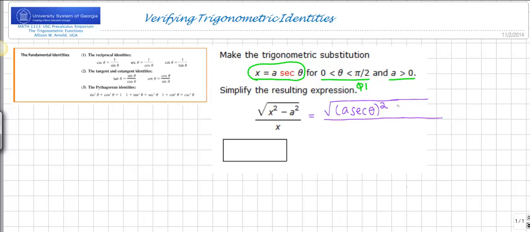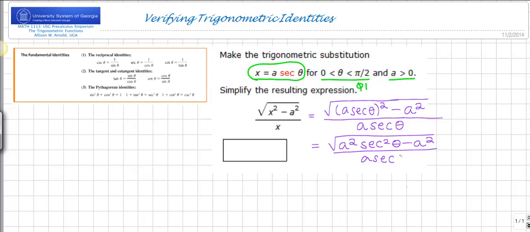Okay, so this would be the square root of a secant of theta squared minus a squared, divided by a secant of theta. Now your job is to try to reduce this trigonometric expression. One thing I notice is that underneath the radical I would have a squared times secant squared minus a squared, still divided by a secant theta.